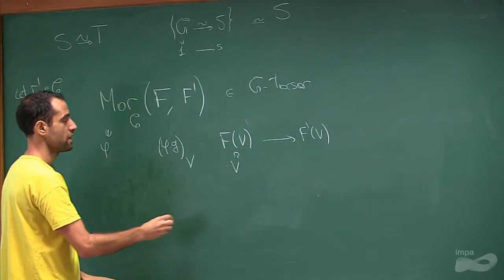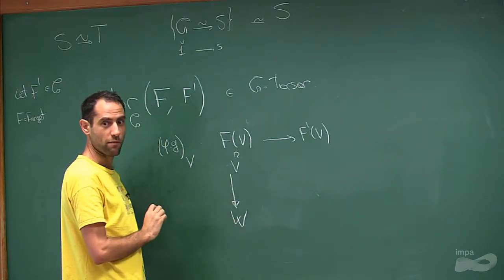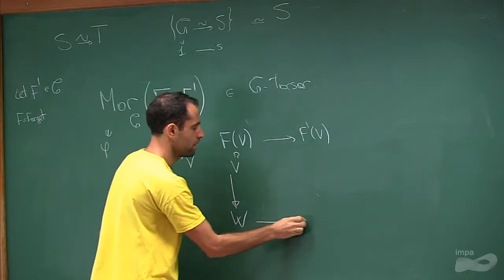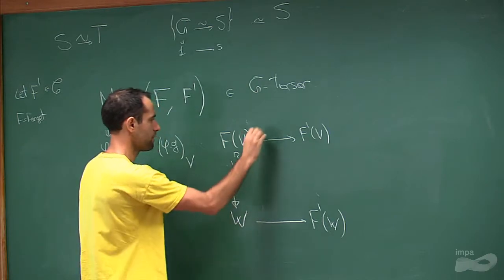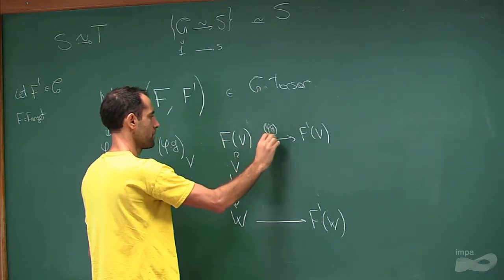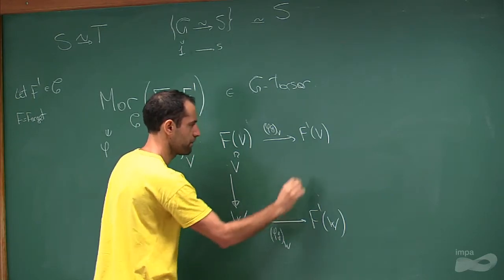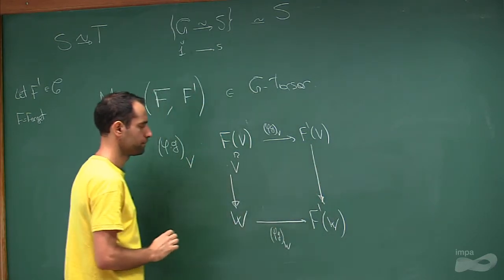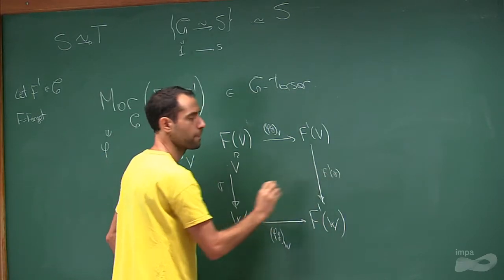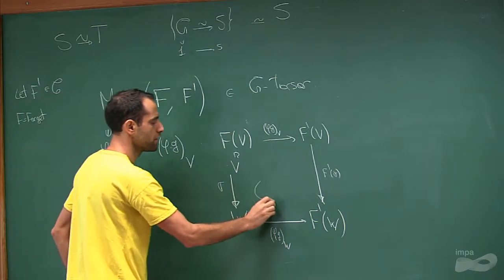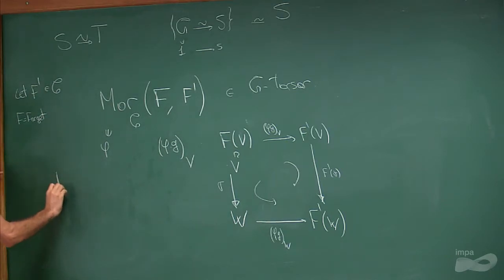Namely, if you give me W and a morphism sigma here, here is phi G of V, here is phi G of W, here is sigma, and here is F prime of sigma. This diagram should commute. So this is what I want to define. And what I have is the morphism phi, which already is a map like this.